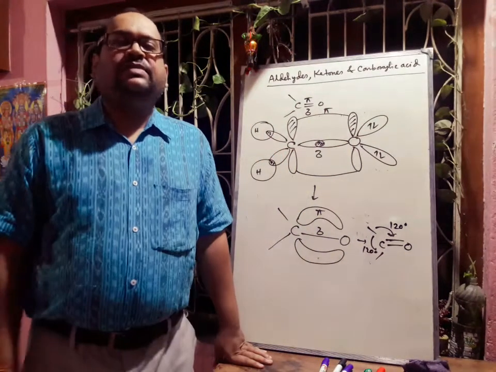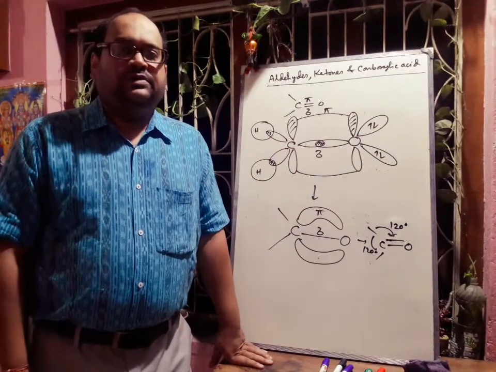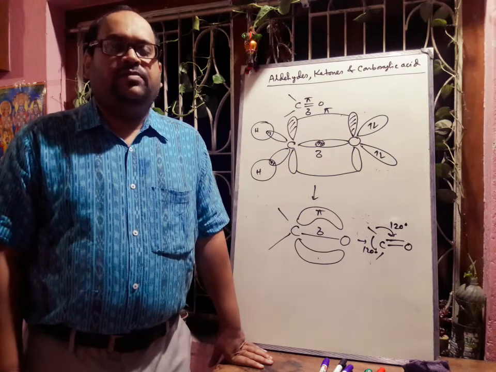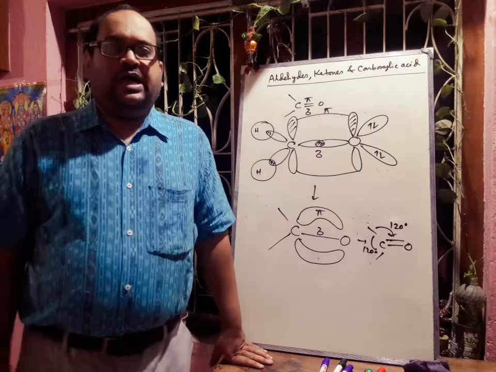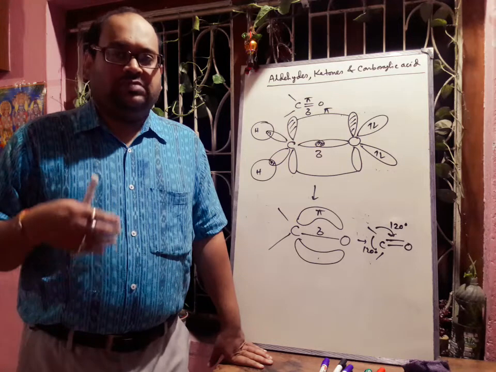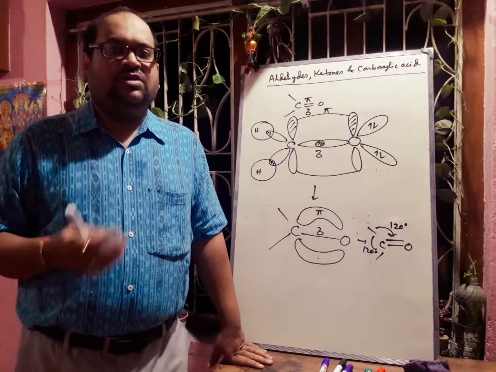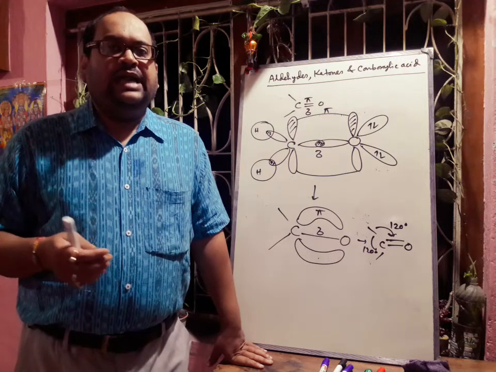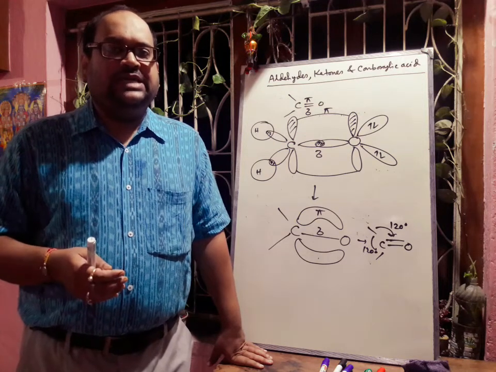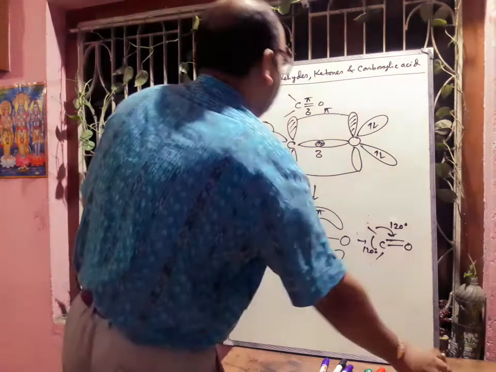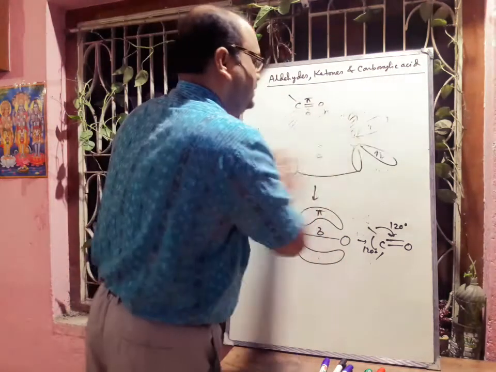Now the oxygen atom in the carbonyl group is more electronegative than carbon, so it will attract the bonding pair of electrons, or electron cloud, towards itself. This causes polarization of the carbon-oxygen bond, and the carbon becomes slightly positively charged and the oxygen becomes slightly negatively charged. If I draw the structure, then you can easily understand.